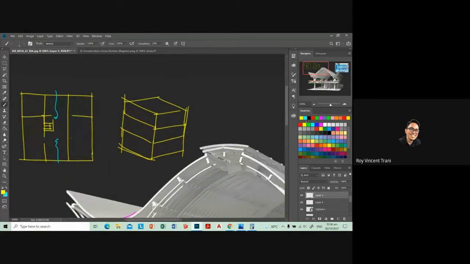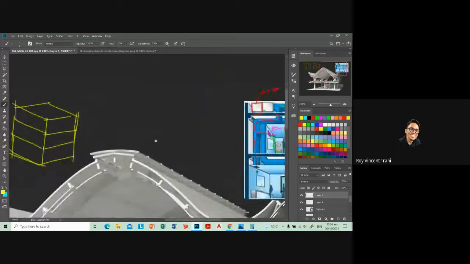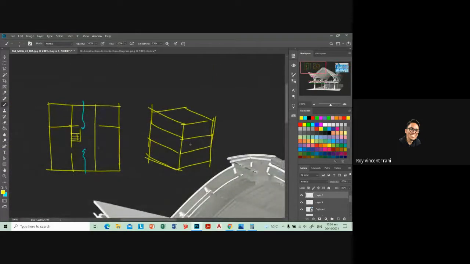You can also apply this to the HVAC system as well. Like if you have your, what's the word? Your outlets in the center of the room, for example, and you have your AC units on top of your building like this.